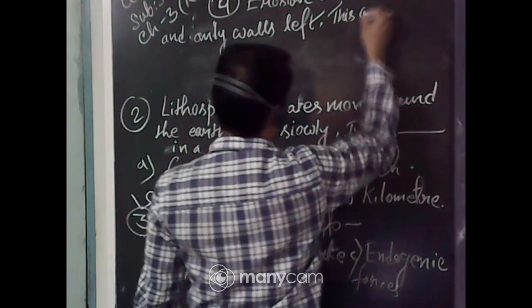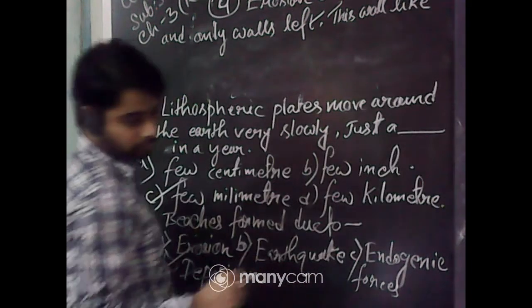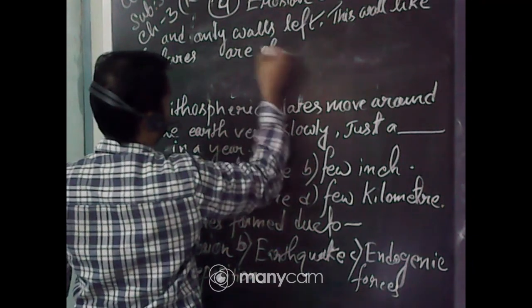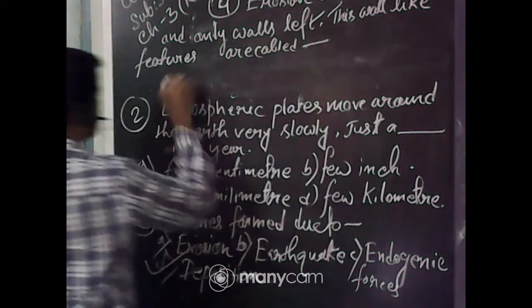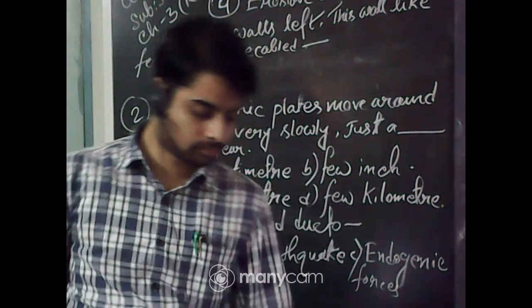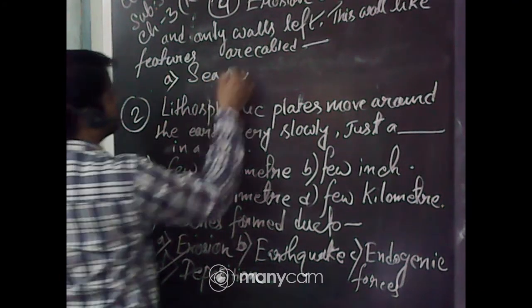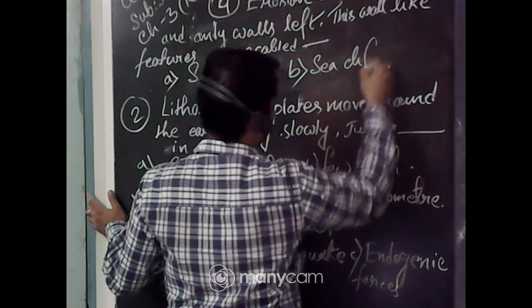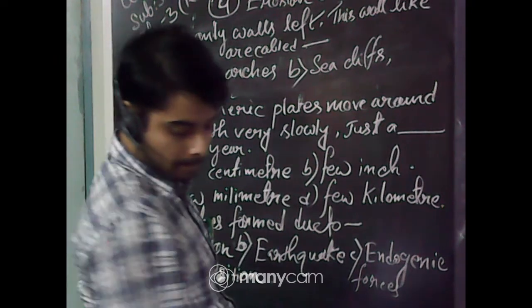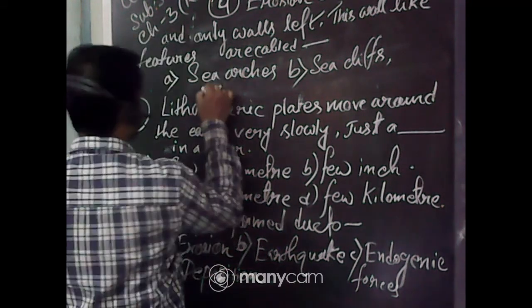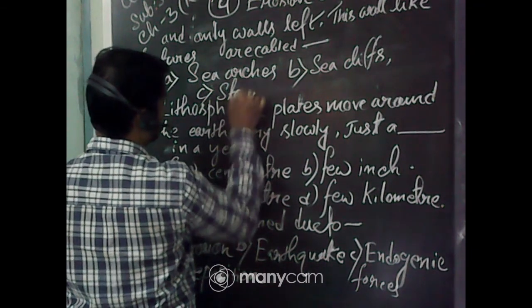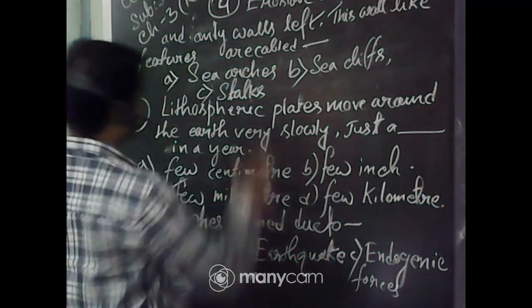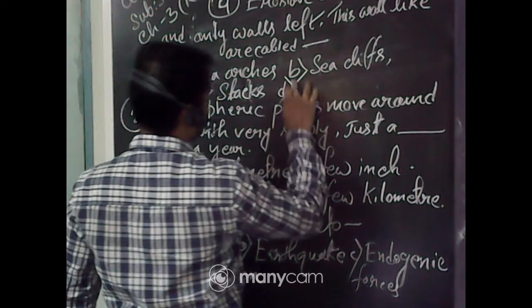These wall-like features are called A, sea arches, B, sea cliffs, C, stacks, sorry, and D, loess.